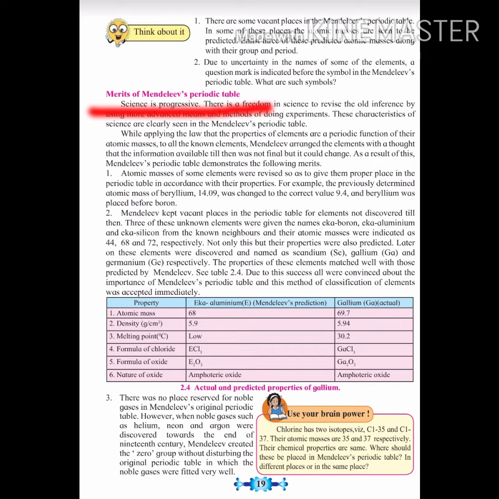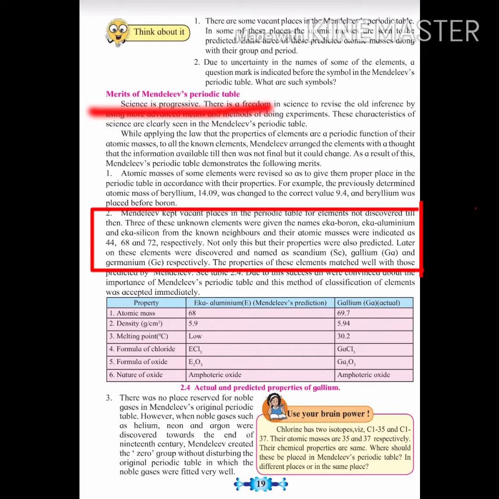He also kept some vacant places in the periodic table, so that elements which were not yet discovered could be placed there later. He also predicted their properties, and named those 3 elements, on a temporary basis, Eka boron, Eka aluminium, and Eka silicon.